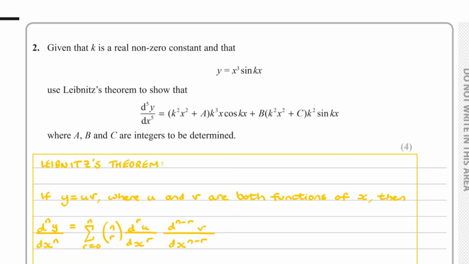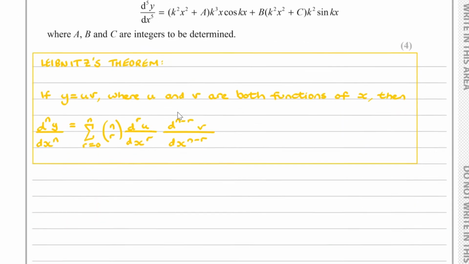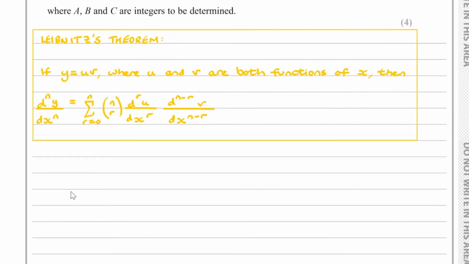So doing that, we begin with u equaling x cubed, and we also have v, which is equal to the sine of kx.